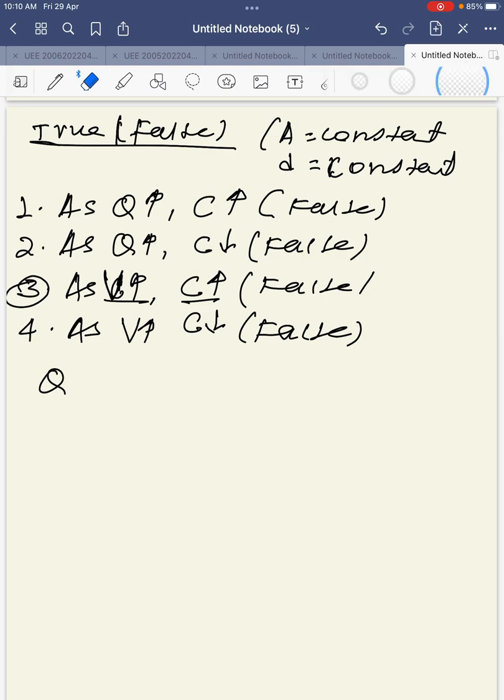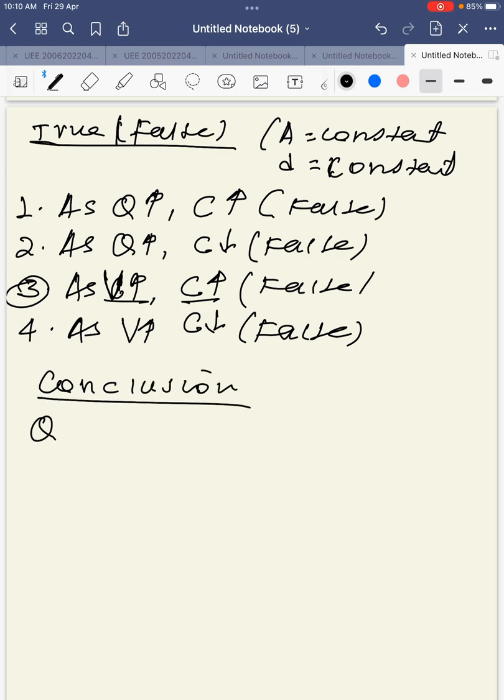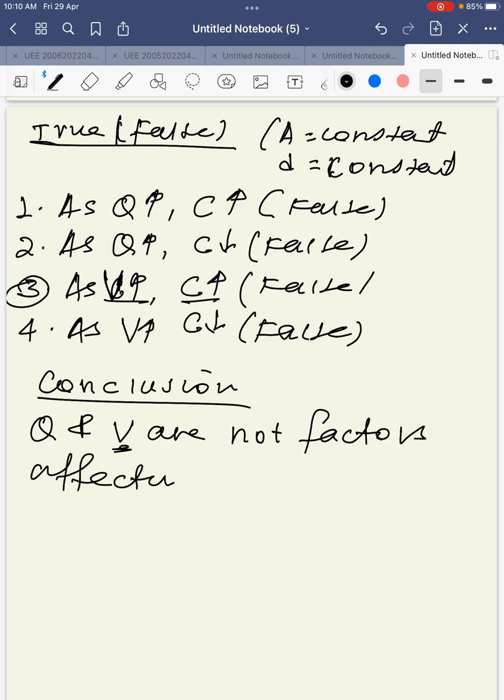Conclusion. Charge and voltage, this voltage is the voltage between plates, are not factors affecting capacitance of a capacitor.